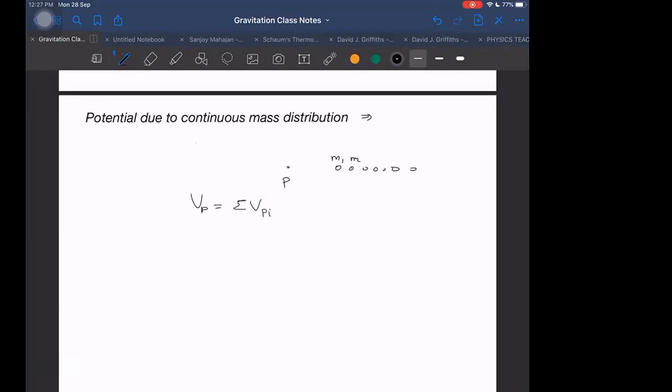We know that, right? And we know that sigma can be converted into an integral. If it is not like this, it is a continuous mass distribution like a rod, and I still want to find potential at point P, then I will take some dm element, and from the dm element I will take the distance r, and then I will integrate it and find it out.